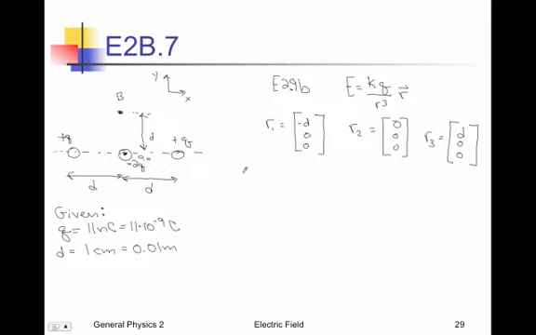So we're going to find RB1, and all of these are vectors.